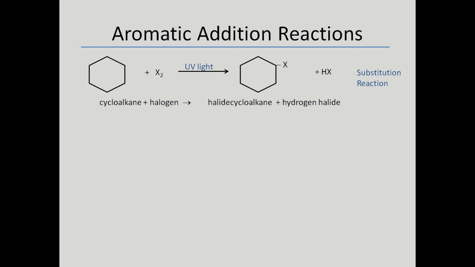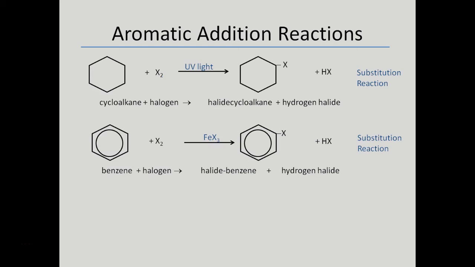Okay, now we can have our aromatic hydrocarbons undergo addition reactions as well, and substitution reactions. So for example, if I have a cycloalkane, it can undergo a substitution reaction, but that requires UV light. Benzene is a 6-carbon ring with 3 double bonds in it, so we usually draw it as a hexagon with a circle in it.